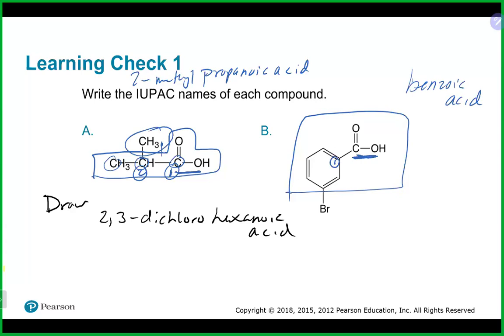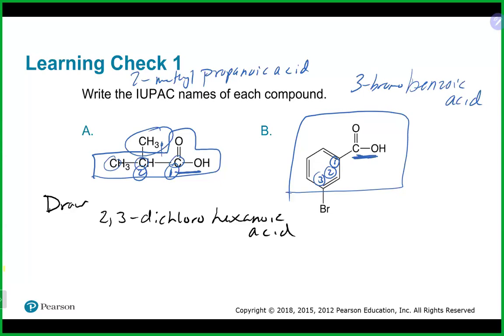And once again, at this point, we do want to give the group the smaller number. So you could probably see if you go clockwise here, you will end up with a 3, rather than counterclockwise, where you'll end up with a larger number. So that's going to be 3-bromobenzoic acid. Any questions on those two?